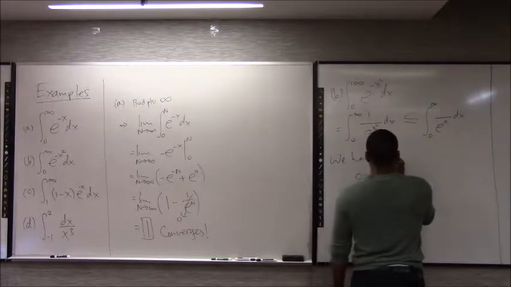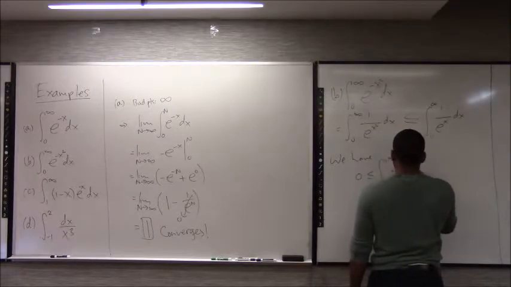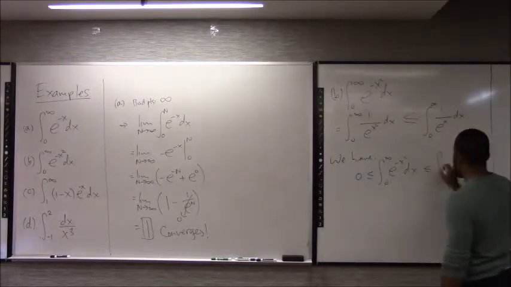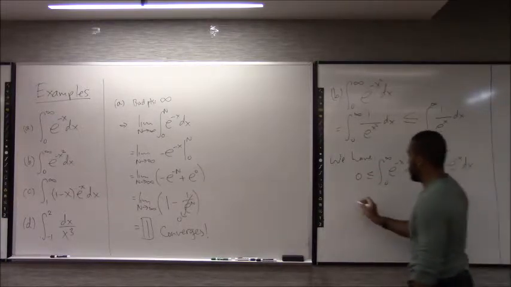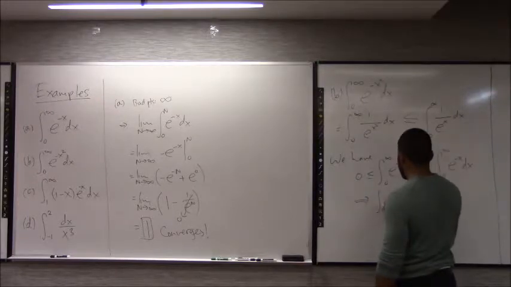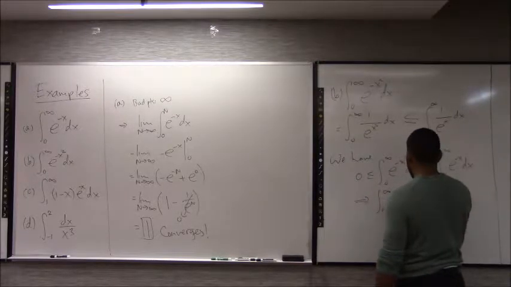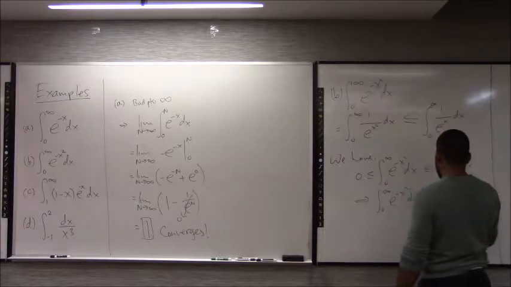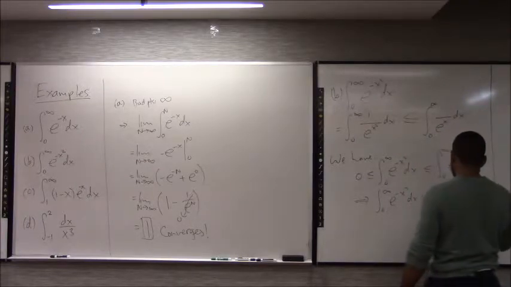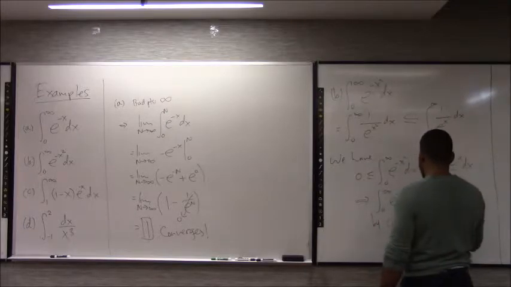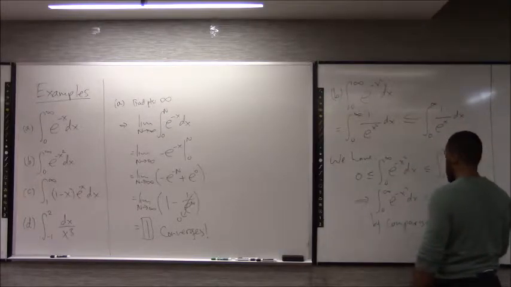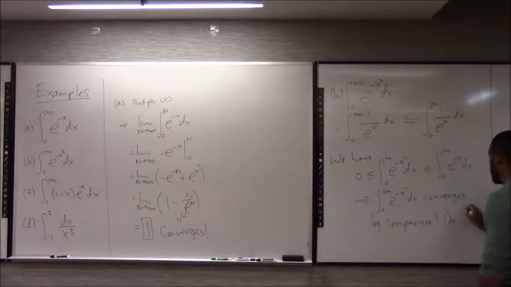The integral that we care about here is less than or equal to an integral that we already did, and they're both greater than or equal to 0. This means that this guy here converges by comparison to this guy.